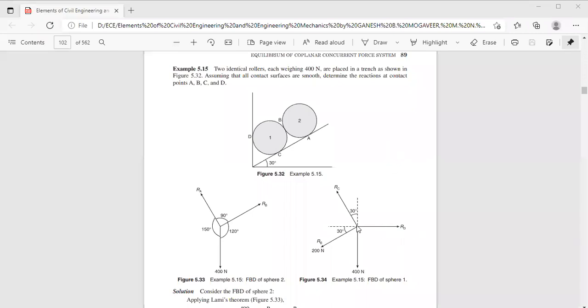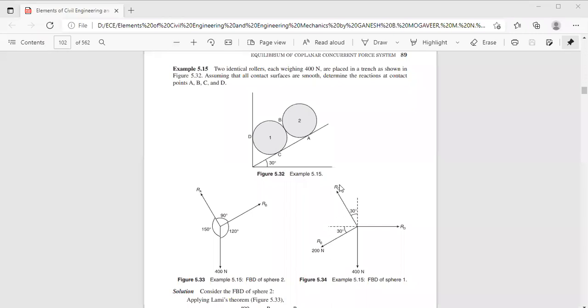That is RC sin 60 minus 200 sin 30 acting downwards minus 400 is equal to 0. So thereby we will get the value of RC is equal to (200 sin 30 plus 400) divided by sin 60.